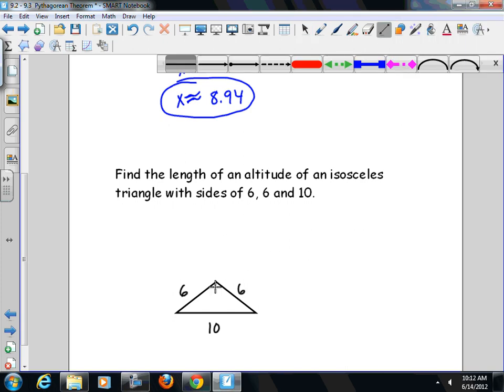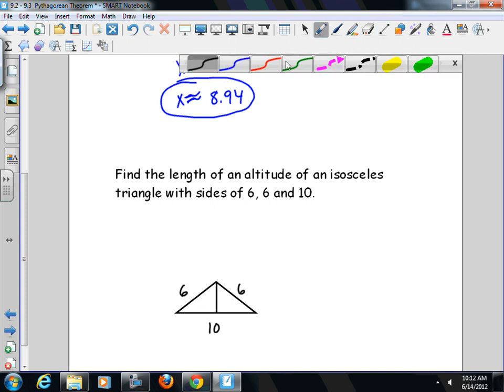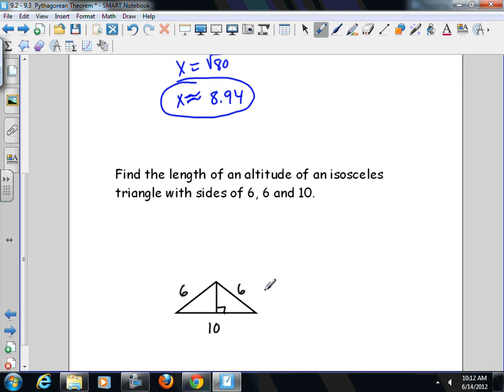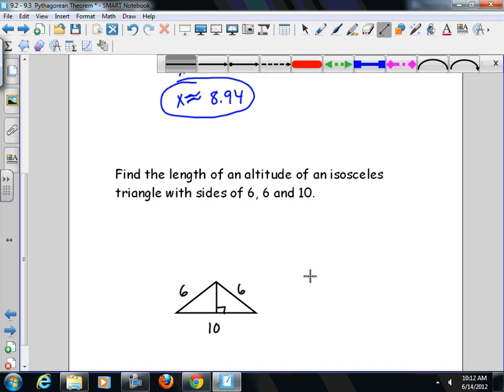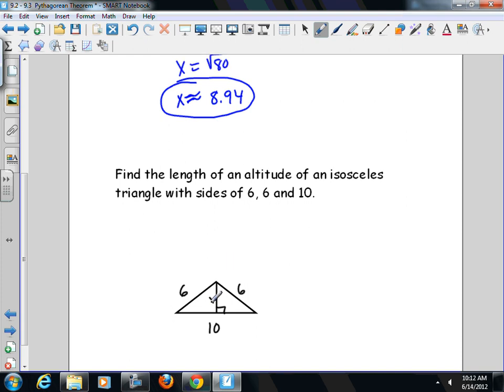This is an isosceles triangle with sides 6, 6, and 10. And my altitude, remember, forms a right angle with the opposite side. So now, since I'd like to find the length of my altitude, that would be x right here.